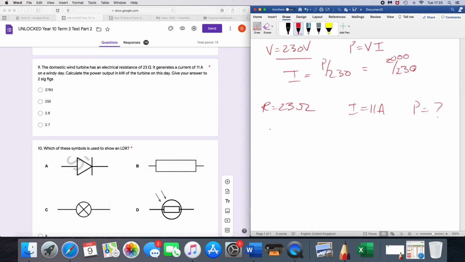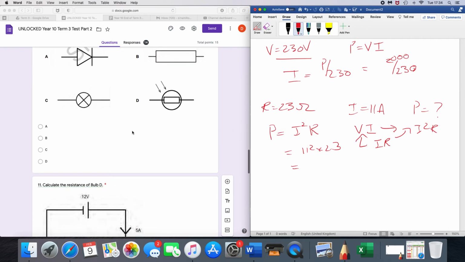So you could say power is I squared times R, or you could say power is V times I, but V from V equals IR equals I times R, which then gives you I squared R. Either way, 11 squared times 23 is the power, and that is 250 kilowatts. That's 121 times 23, 250 kilowatts.